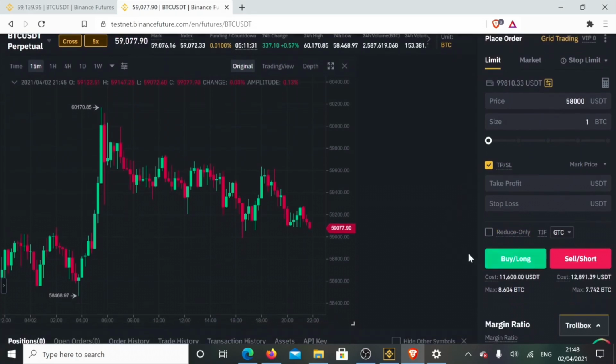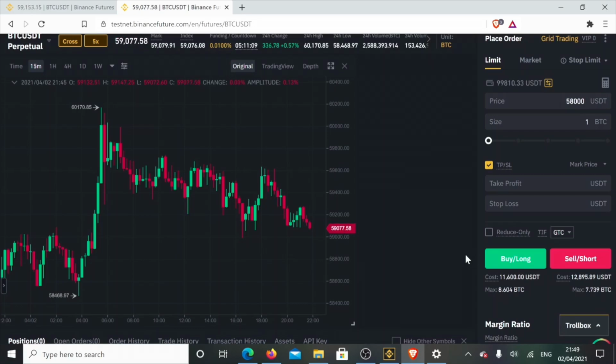Here you want to buy Bitcoin. There are two types of trades: the buy and the sell. The buy means you want to buy this asset in the hope that the price of this asset is going to increase. When the price increases, you make profit. Let me explain again.